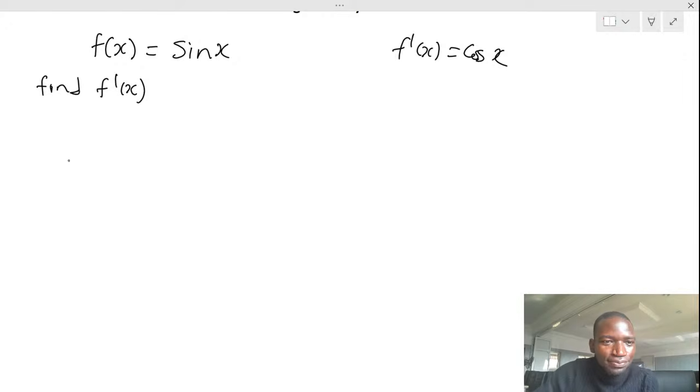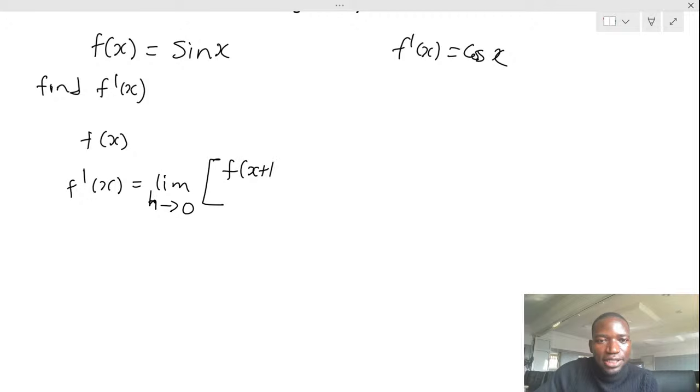Okay, if you remember the formula for differentiation using first principle, if you have f of x, then f prime of x is going to give you what? The limit as h tends to 0 of f of x plus h minus f of x over h.